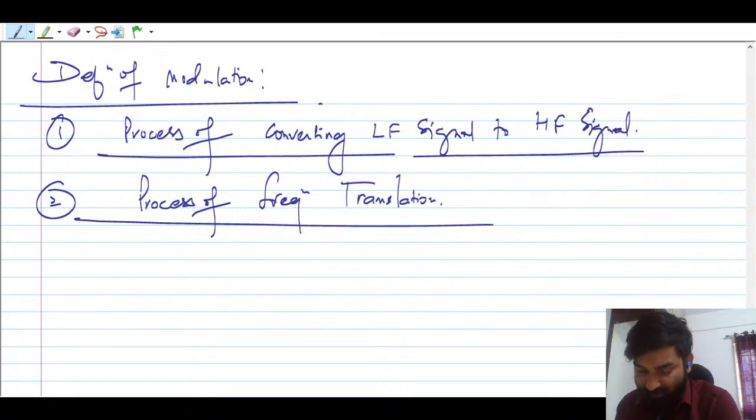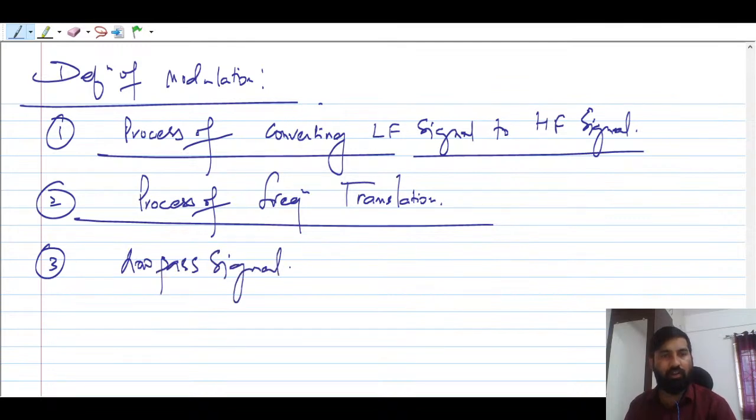The spectrum of the signal is shifted from the low frequency region to the high frequency region. That is called frequency translation. So a low pass signal is getting converted into a band pass signal. That is also one of the definitions that you can see.